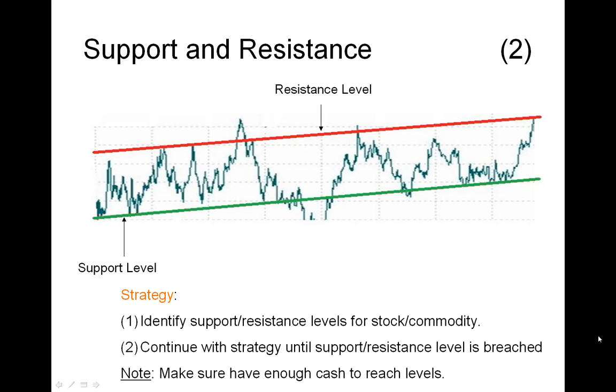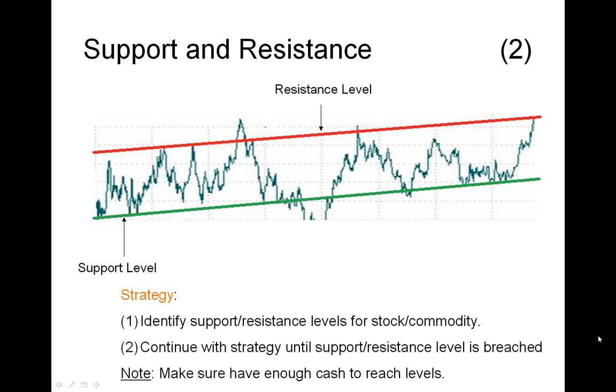And even if the value continues to go down for a while, and we estimate that the future value is going to be up, as long as we continue this downward trend while the value is above the support level, we'll be alright. Because as soon as we reach the support level, we expect the value to start rising. Because under normal circumstances, the fluctuation should always be between the support and resistance.